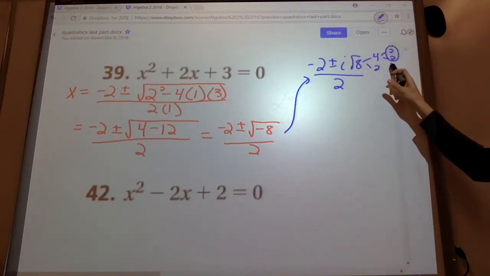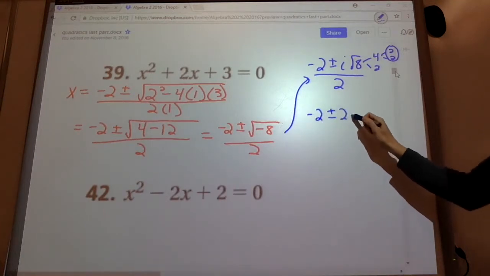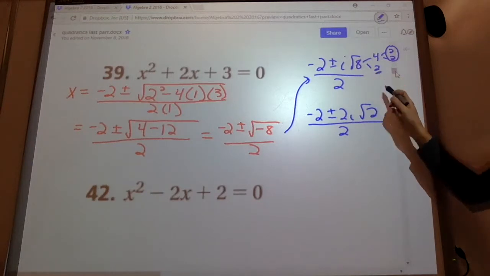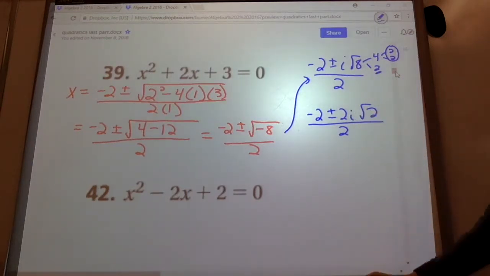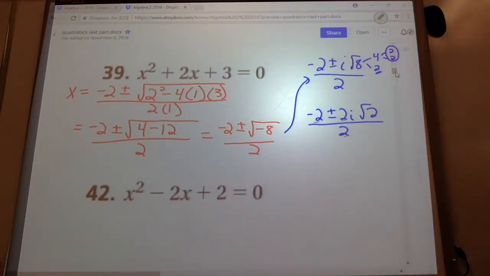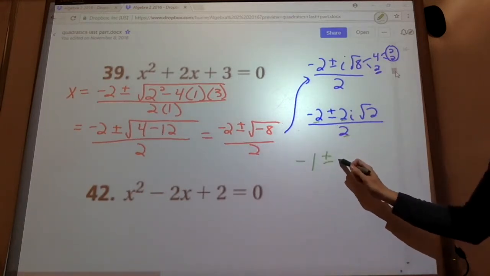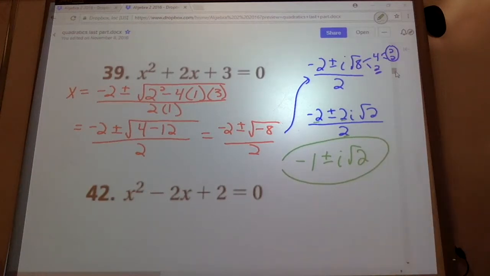So 2 2's, I can take one out. So negative 2 plus or minus 2i root 2, because there's a 2 left, so it stays underneath. Now I should notice that, oh, I have a lot of 2's here. I can reduce all of those. So it would be negative 1 plus or minus i root 2. That would be my 2 answers.